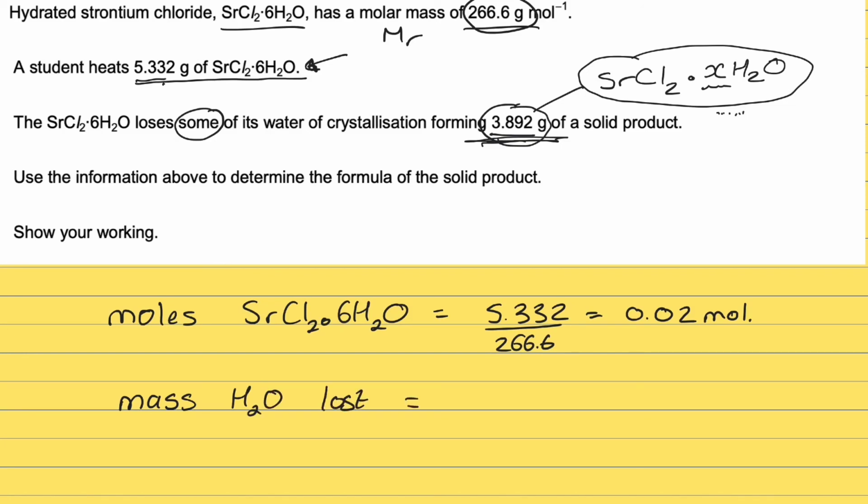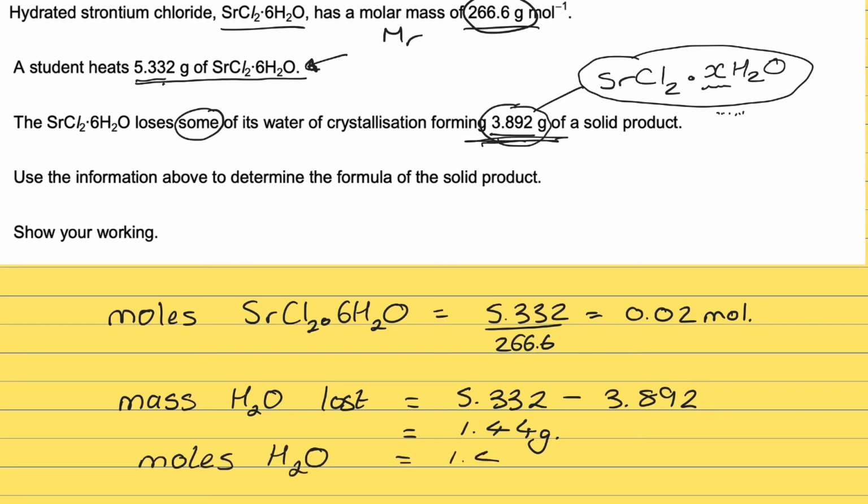So the mass of water lost is 5.332 grams minus 3.892 grams, which equals 1.44 grams. Now we do also know the Mr of water is 18, so we can work out the moles of water. So the moles of water lost is 1.44 divided by 18, which is 0.08 moles.